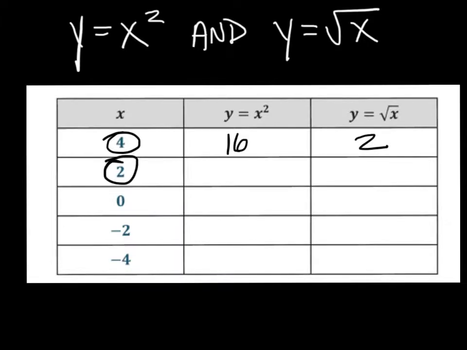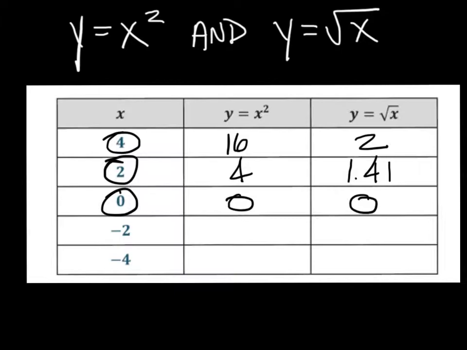What is 2 squared? 4. What is the square root of 2? 2 decimal places. 1.41. What is 0 squared? 0. What is the square root of 0? 0.